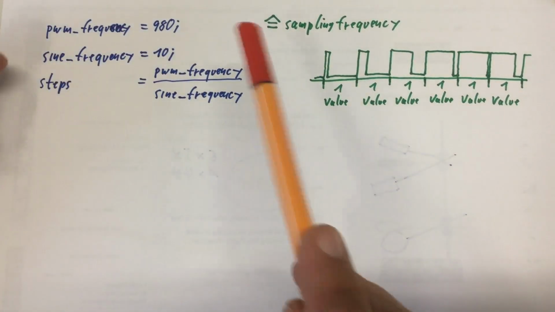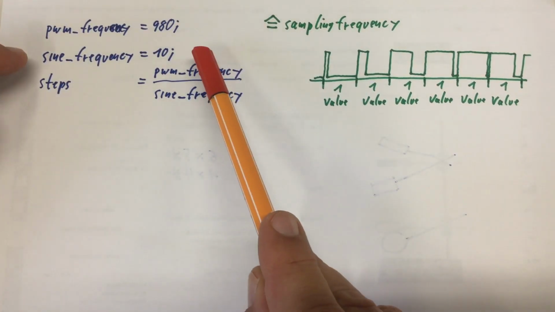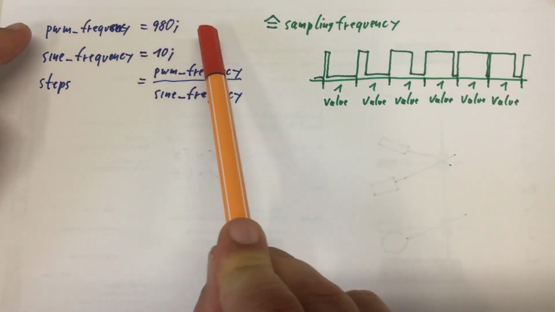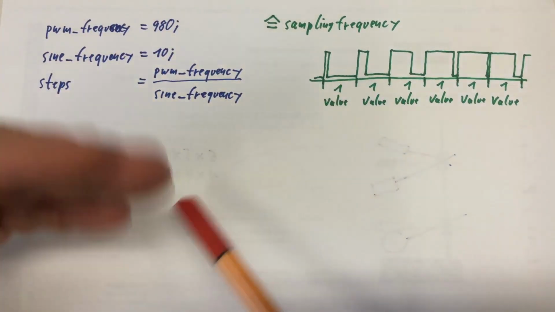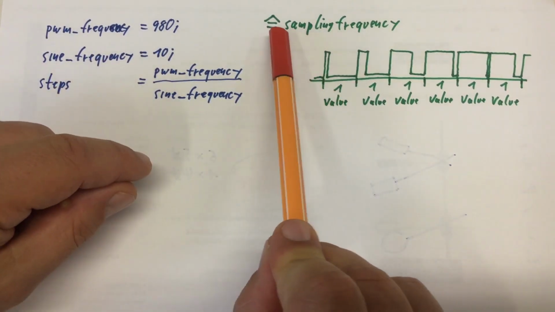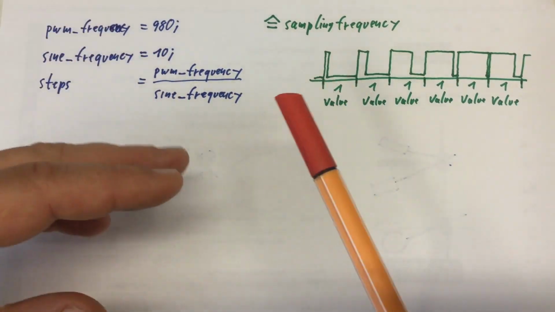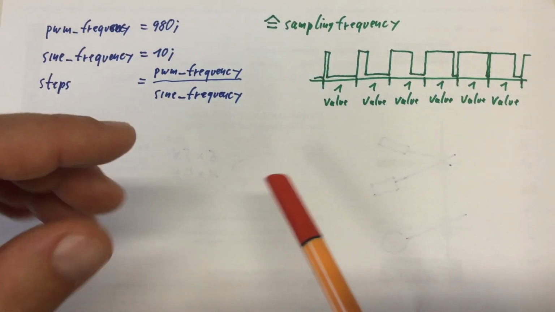Let's talk real quick about that PWM frequency, sine frequency, and number of steps stuff. So the PWM frequency is kind of like the sampling frequency of a digital oscilloscope or a digital function generator.